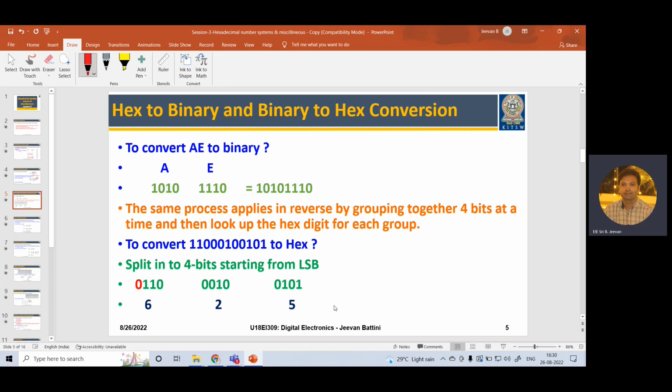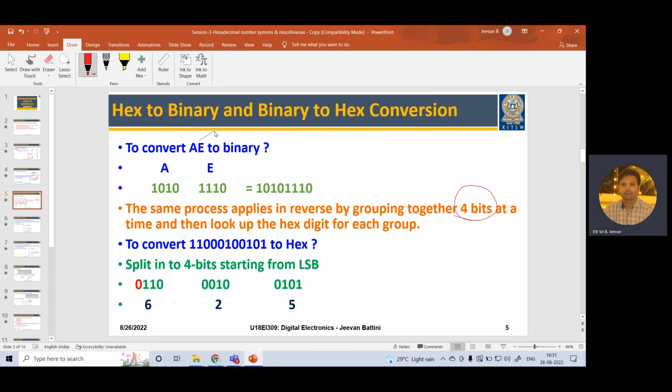Now, hexa to binary and binary to hexa. It is somewhat similar to octal to binary and binary to octal. As we discussed, every octal digit is equivalent to 3 bits of binary, but every hexadecimal digit is equivalent to 4 bits of binary.